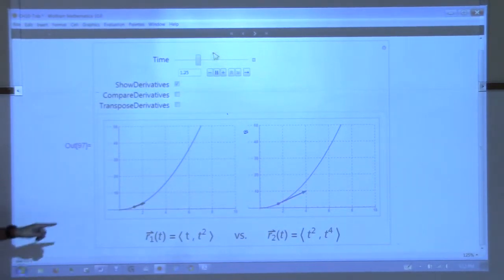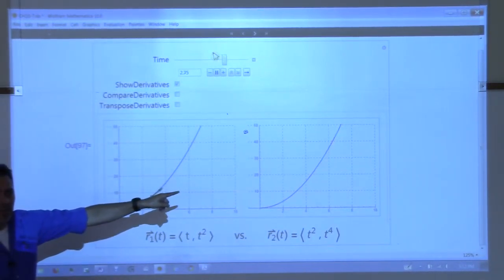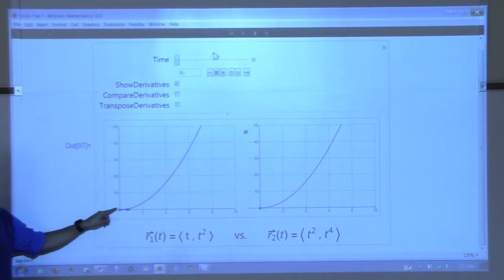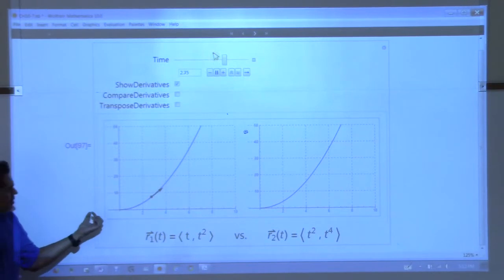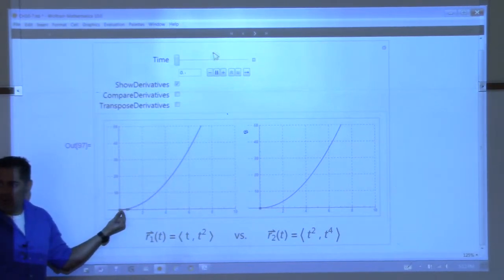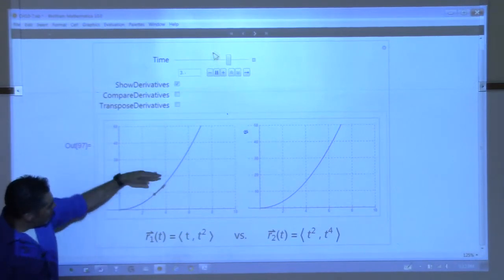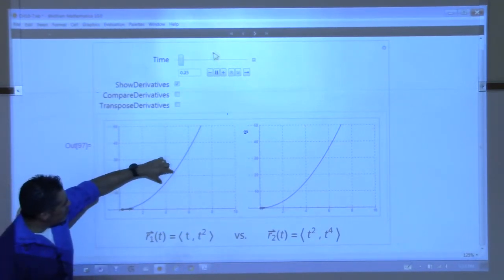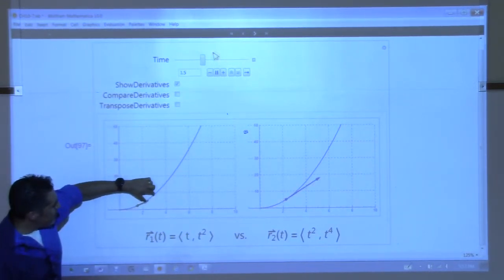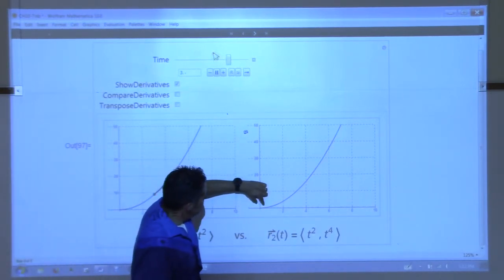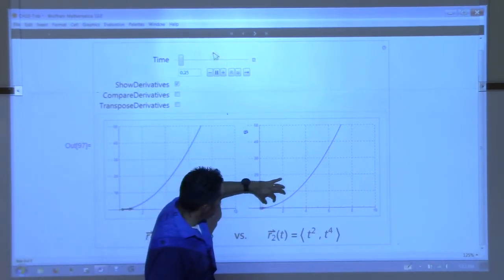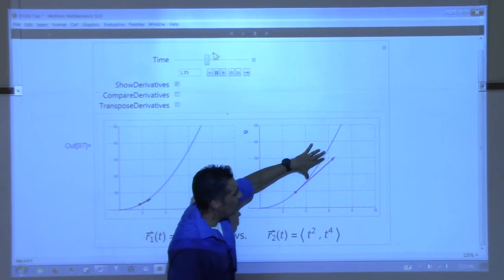But that one's being drawn a lot faster than this one. So if you look at this curve as the path of a particle through space, this particle is moving slower, which is why the derivative vector is smaller. But this one over here is moving through space faster, and that's why its tangent vector is longer.